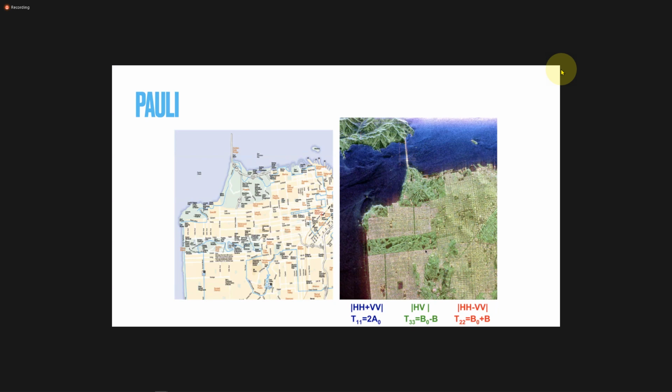So it's a simple way to visualize polarized SAR data, and it's already giving you a first type of classification, and a direct way to interpret the bounces of the signal. The Pauli vector is only one way.